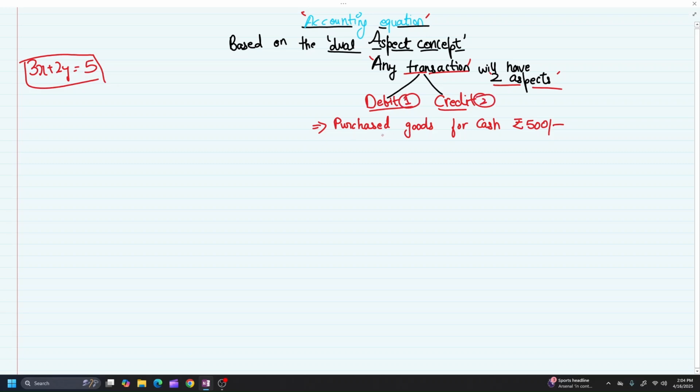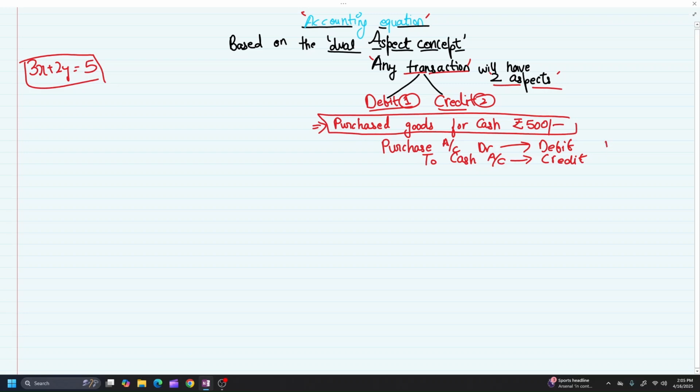How will you write it in the journal? Purchase account debit to cash account. So this is getting debited, this is getting credited. So this particular transaction had two aspects, debit and credit.